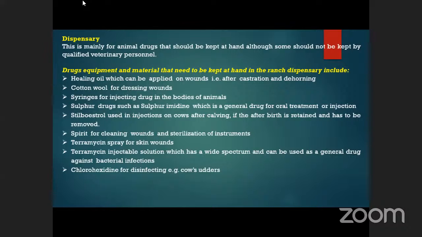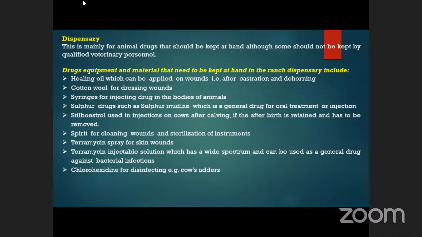I was still explaining that on your farm you should have a cow measure, and a veterinary doctor. So you should have a clinic within your farm.